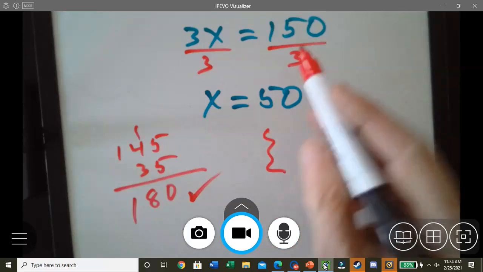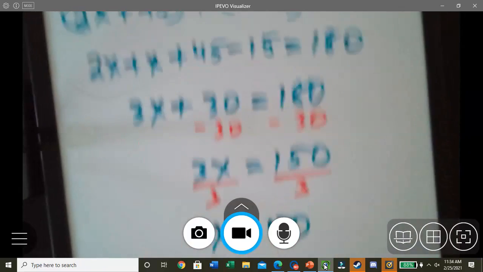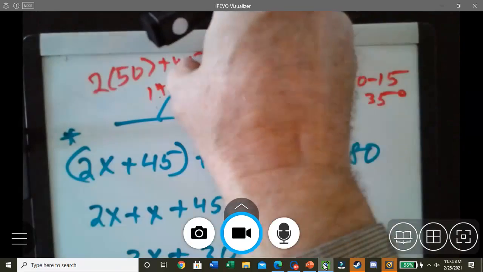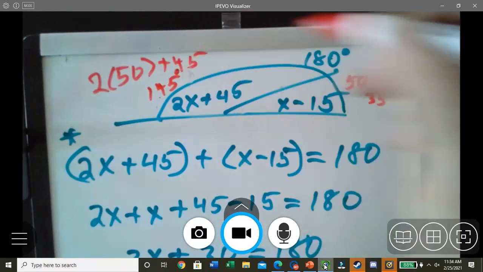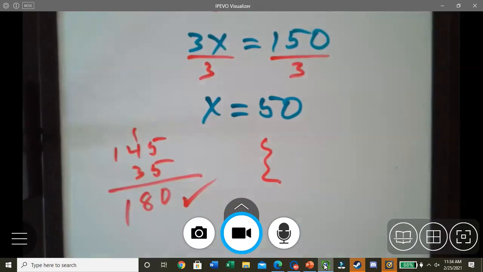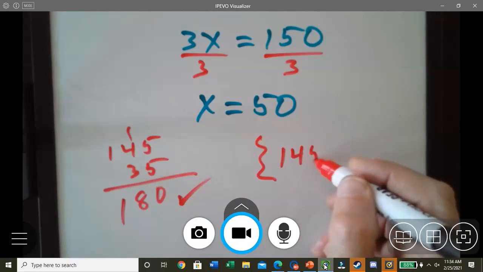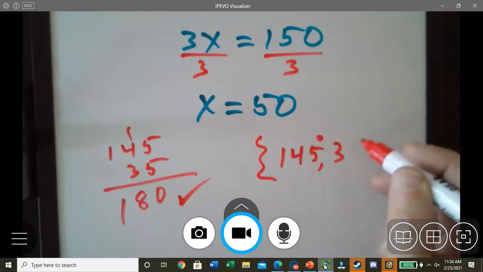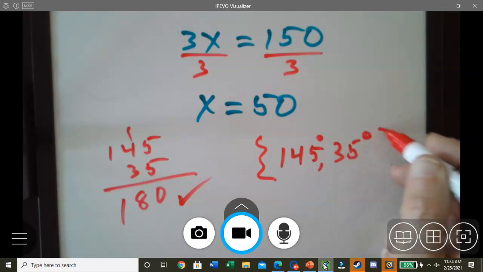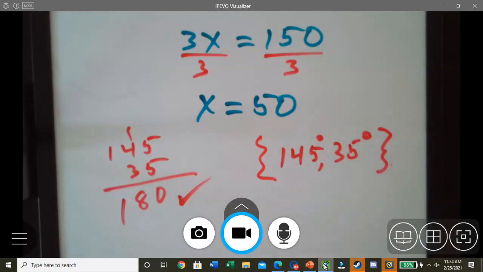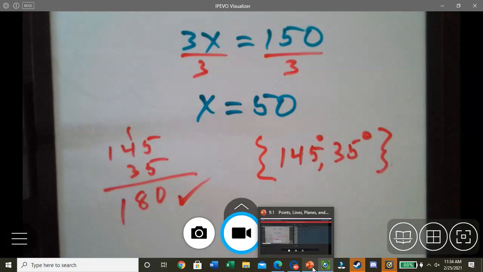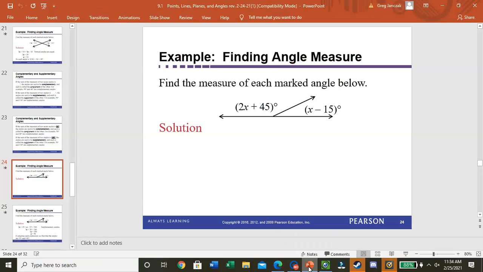Okay, so our answer here, this is supposed to be a degree symbol here. Okay, so our answer is 145 degrees and 35 degrees. Okay, those are our answers. Questions with that? All right.